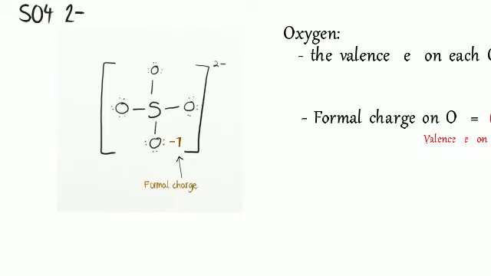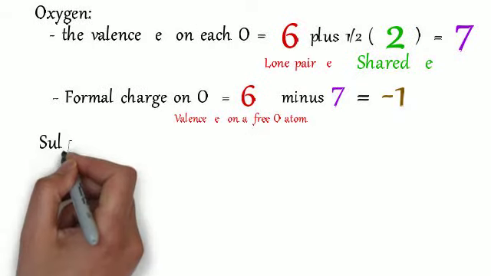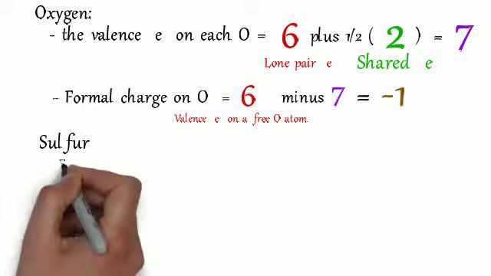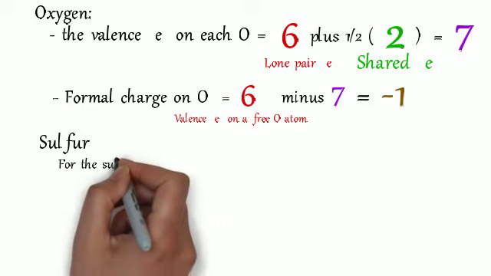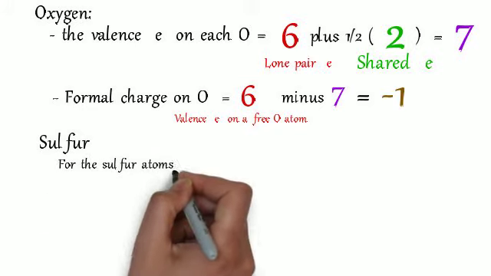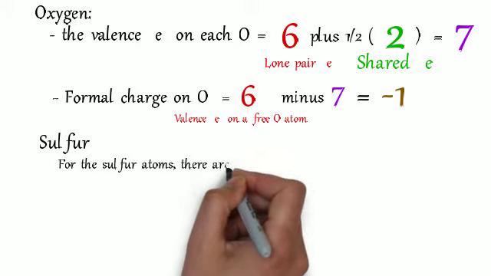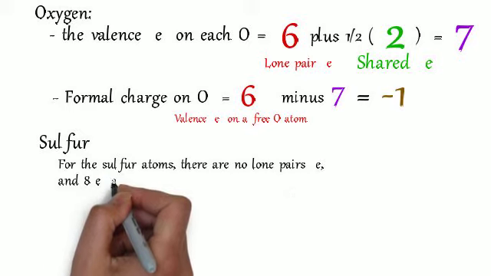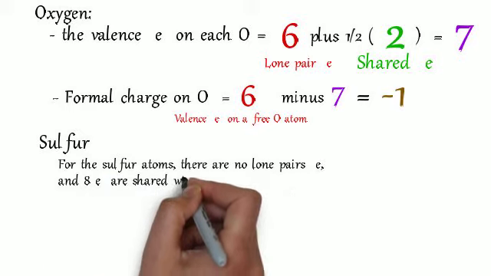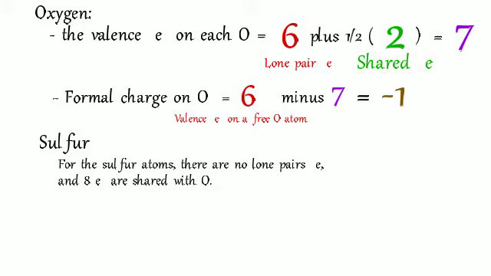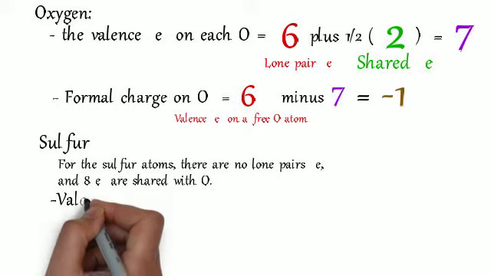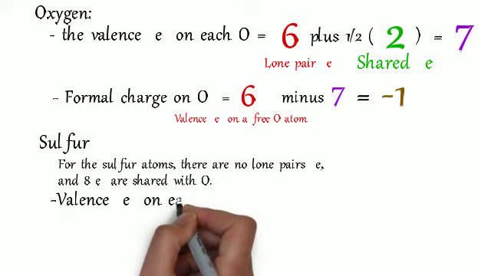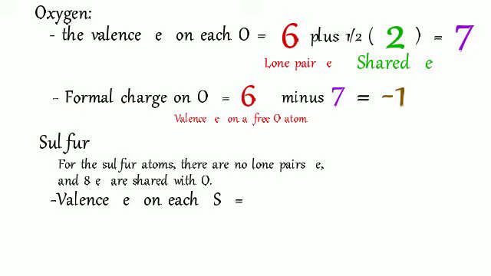Now let's do sulfur. If you look at your picture, you will see for the sulfur atom, there are no lone pairs of electrons on the sulfate, and 8 electrons are shared with the oxygens. Take a look at your picture. It has no lone pairs. So let's go through the steps again. Valence electrons on each sulfur in this molecule is 0.